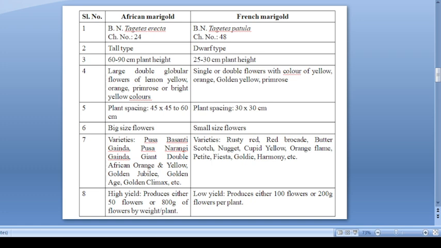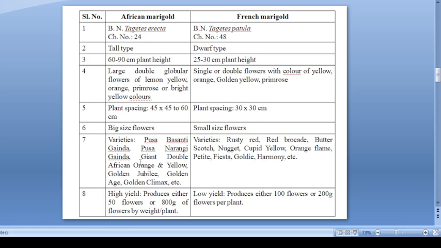In French marigold it is 30 by 30 centimeter, whereas in African marigold it is 45 by 40, even up to 60 centimeter spacing can be followed. Because of its vigorous nature, we can expect bigger flowers in African marigold. In French marigold, the flowers are very small. Some of the recently released varieties from IARI, Pusa Narangi Genda and Pusa Basanti Genda, are varieties under African marigold.